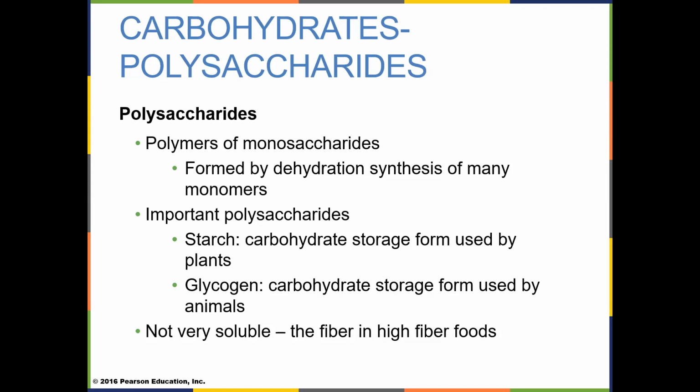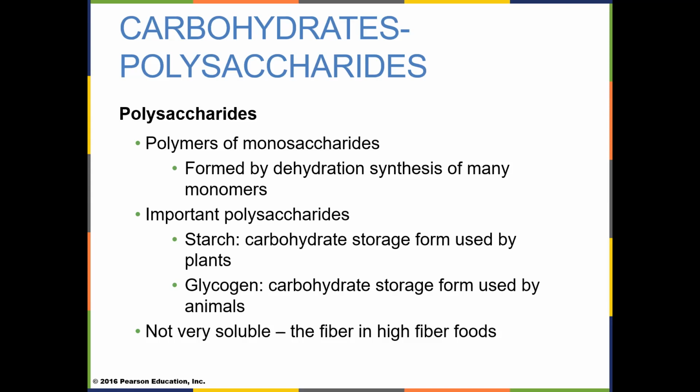Well, humans don't store our excess glucose in the form of a starch. We eat a potato and we break that starch down to glucose. And if we have excess glucose, more than our cells can take in, we're going to store that glucose in our liver as glycogen.